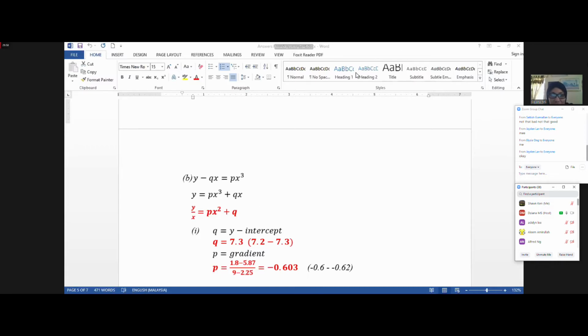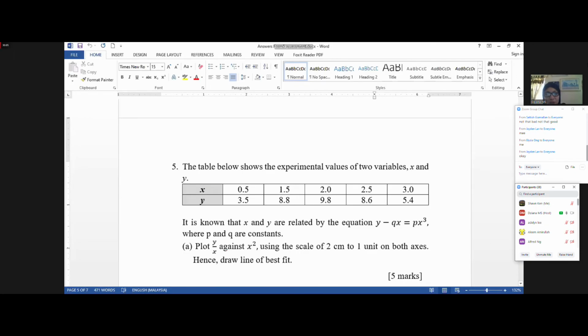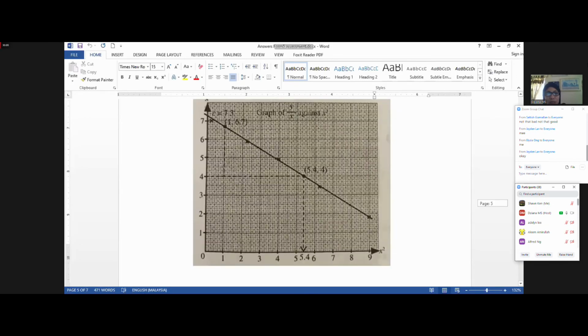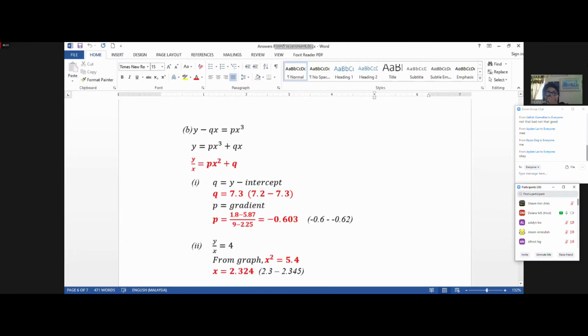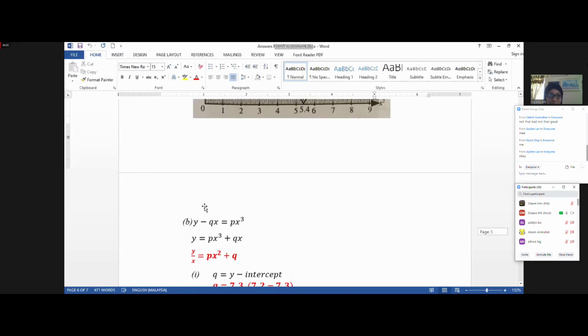Okay. Second part of the question, 5B2. They give you y equals 4x, but I rearrange it because the graph is y over x. So y over x is actually equal to 4. Then from the graph, look back at the graph, y over x equals 4 is here.